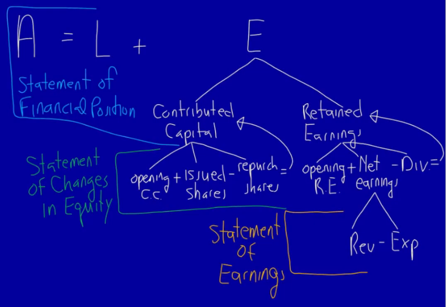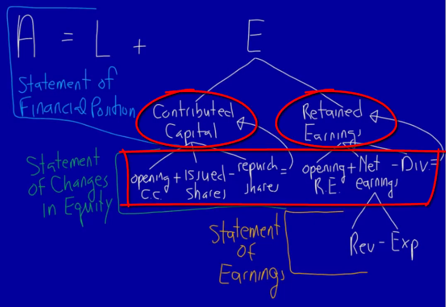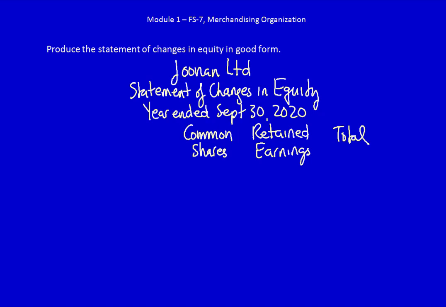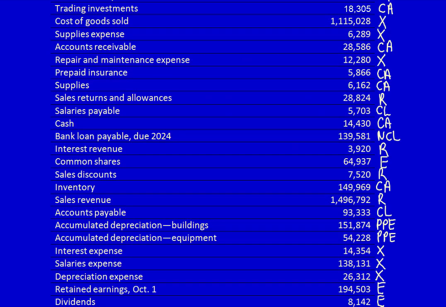If you look at the flow chart that we did at the very beginning of this process, you will notice that the flow chart shows us exactly what has to be shown on the statement of changes in equity. The first thing we need is our opening balances. Let's go back to our listing to find them. Right here, we have common shares, and the common shares are 64,937.